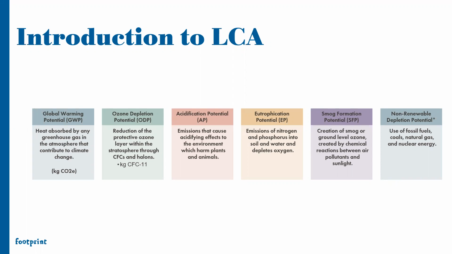These are only some of the categories that are involved. There are a lot of other categories that can be looked at as well. But for the purposes of this discussion, these are the main metrics that we typically look at based on the more popular green building rating systems.